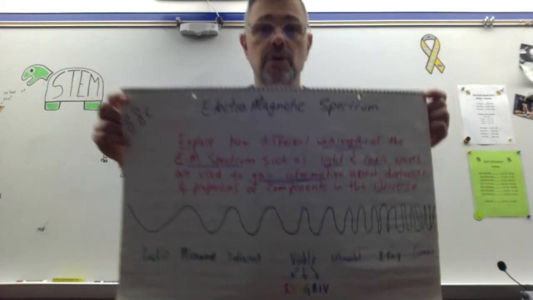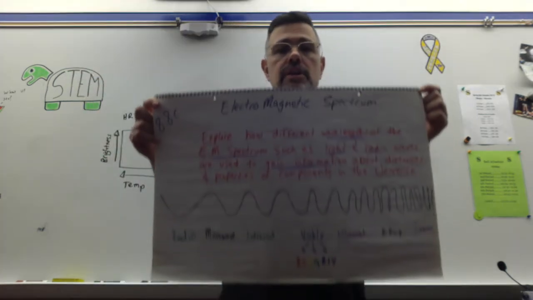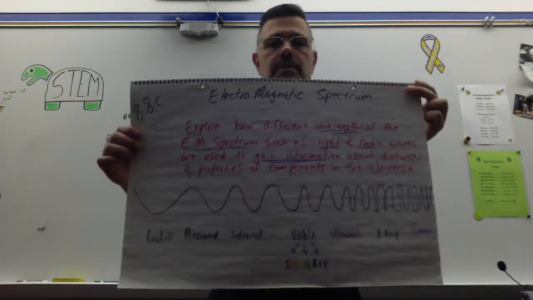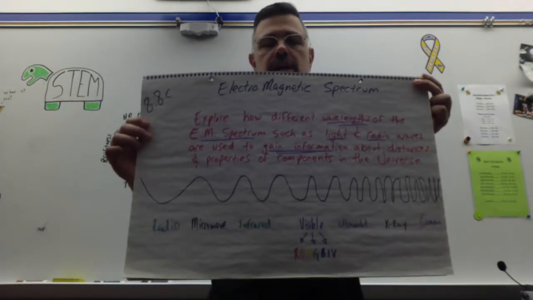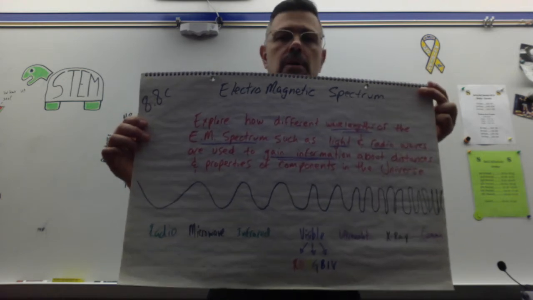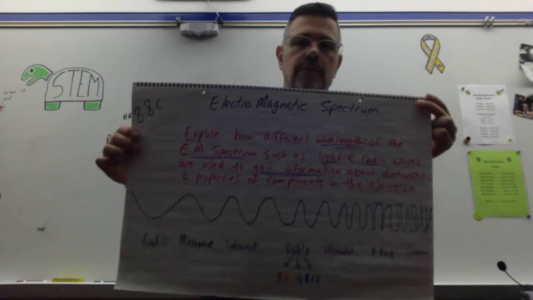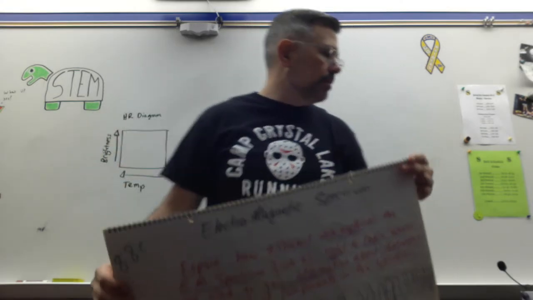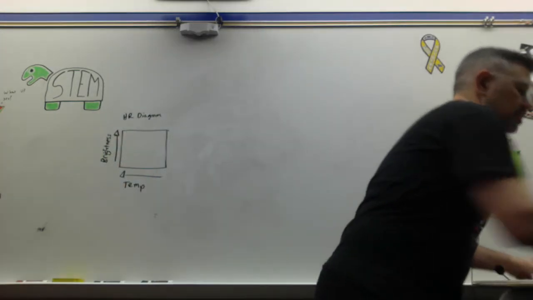So you have the huge waves with not a whole lot of energy, radio waves, on this side over here, and then as it moves, in this case from the right to the left, you can see that they get smaller, more frequent, and full of energy all the way down to gamma rays. So those are the big three that this test is made up of.